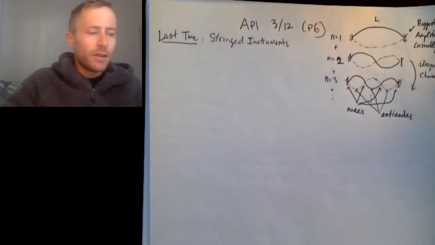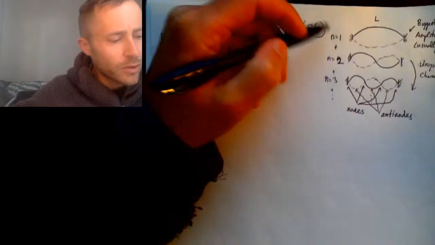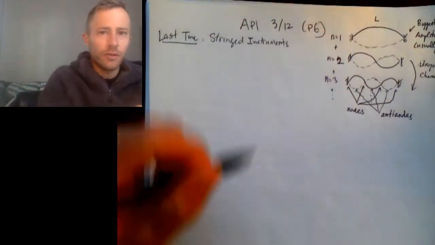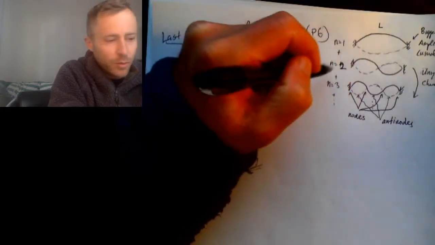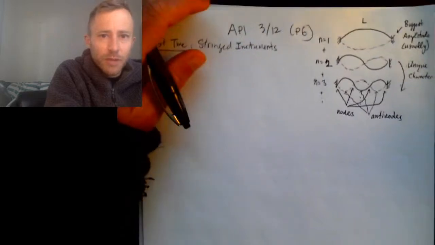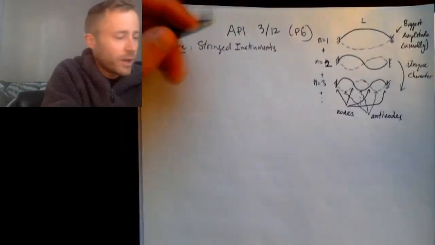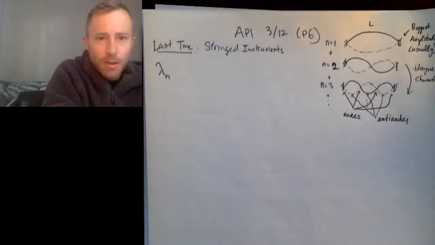So what we did is we looked at the length of the instrument, and then we saw how much of a wave was there in each case. We used that information to determine the wavelength of the nth harmonic.